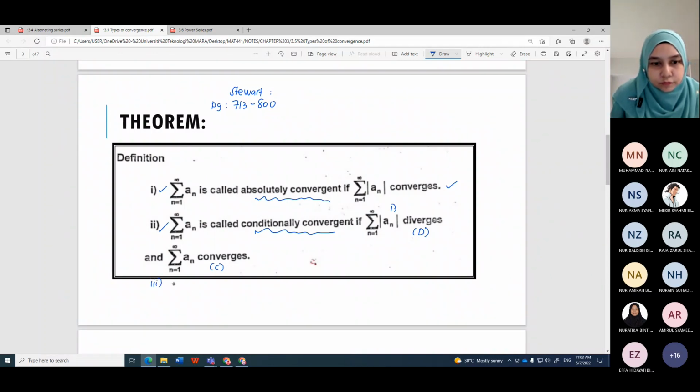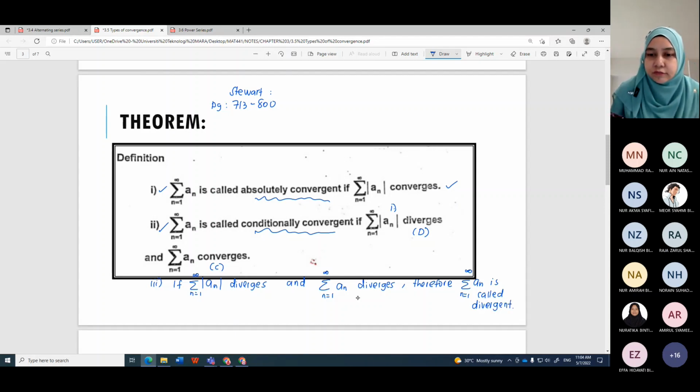Okay, if the series of modulus an diverge and the second test kat sini lah, second test ni diverge, so it's called divergent.